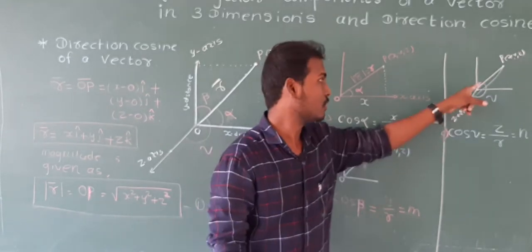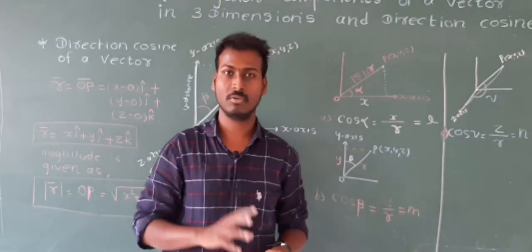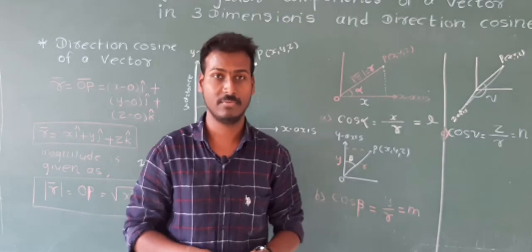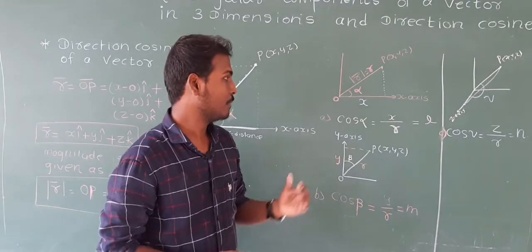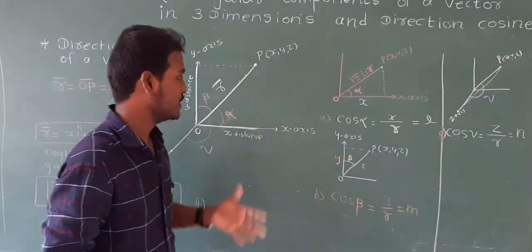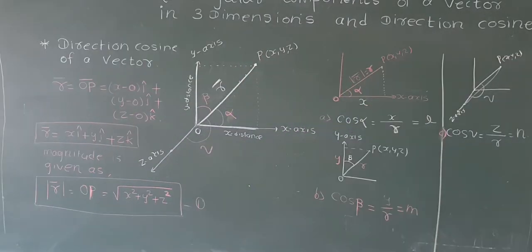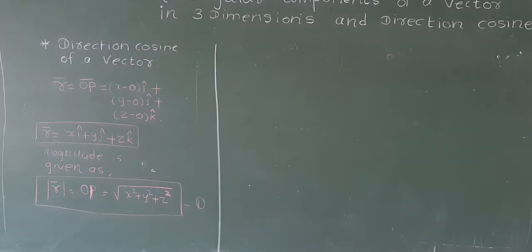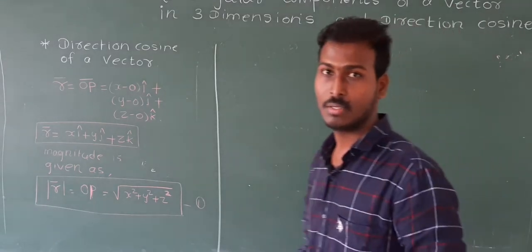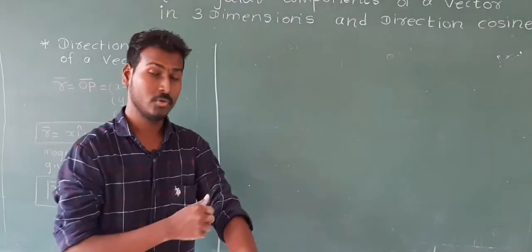If you get the imagination of the z axis, then definitely it will be very easy for all of you. So just note down all these diagrams. I hope you noted them down.